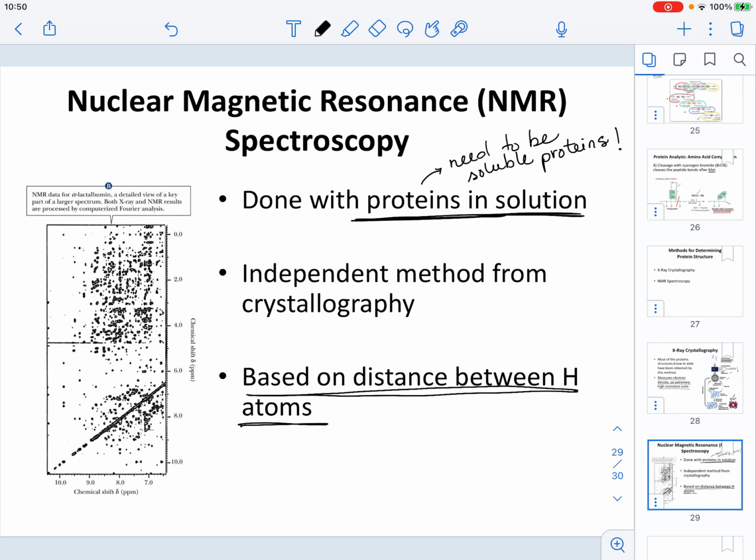But understand that in order to understand the overall structure of the molecule, you need to combine NMR with X-ray diffraction if it is available. But again, what I need you to know about the technique is that the protein needs to be in solution, and what we're measuring in NMR is the distance between the hydrogen atoms in the molecule.